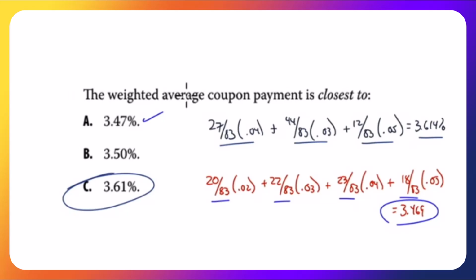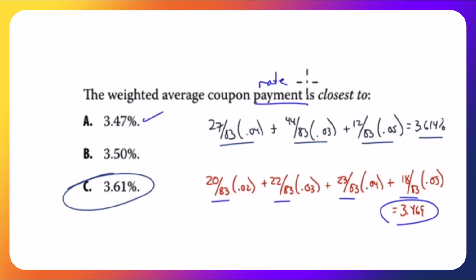So I scratched my head for a while. I said, that's odd. Did I read it wrong in the reading? I went back and I say, no, my understanding is correct. The weighted average coupon is the coupon that the collateral pays. So I guess what they're trying to make a distinction here, weighted average coupon payment, I guess, versus weighted average coupon rate, because when you get to the next question, it asks for the average coupon rate.